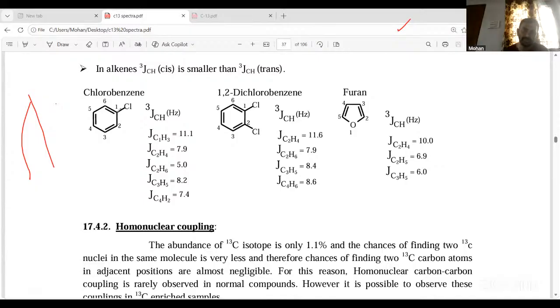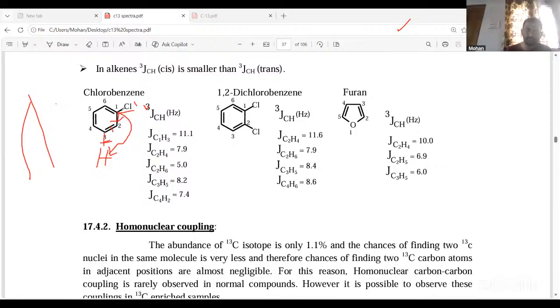So here the hydrogen is there, so it is a three bond separation coupling here, a long range coupling. Somewhat it is long range, not short range. So here this carbon and this hydrogen are in coupling here, and you can see the intervening bonds. This is one, this is two, and this is three. There are three intervening bonds. That's why it is J3. Here the three is mentioned on the superscript to this J.